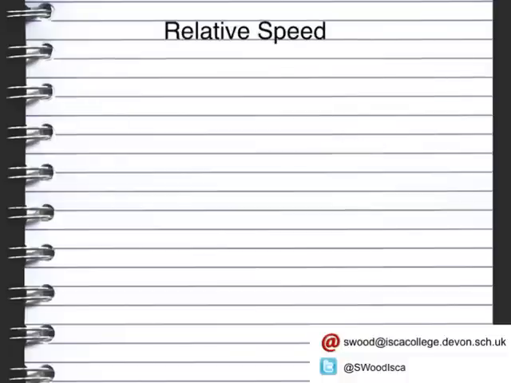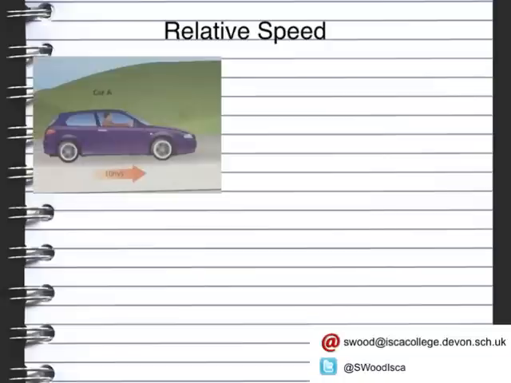Now, the relative speed is the speed between two objects relative to each other. We're going to have a look at a couple of examples here. If we look at car A, it's travelling at a speed of 10 meters per second in this direction.